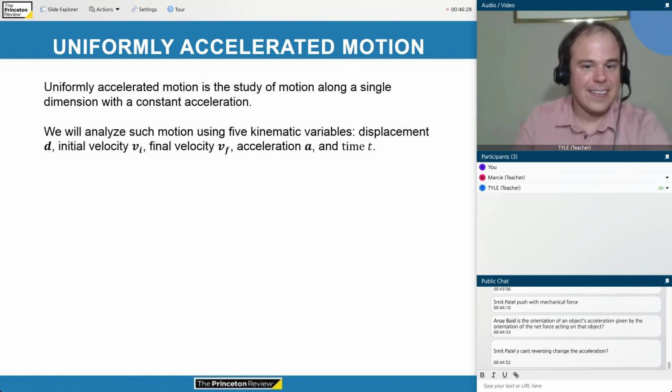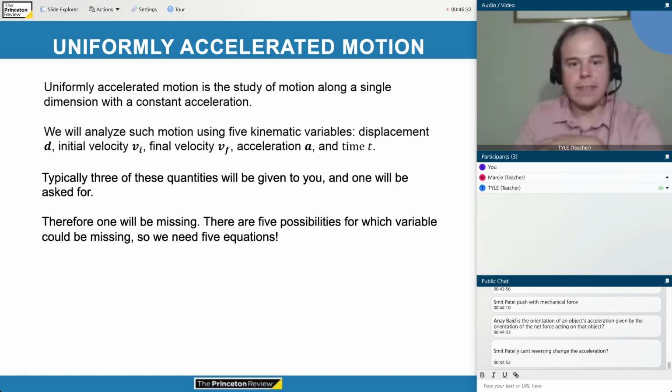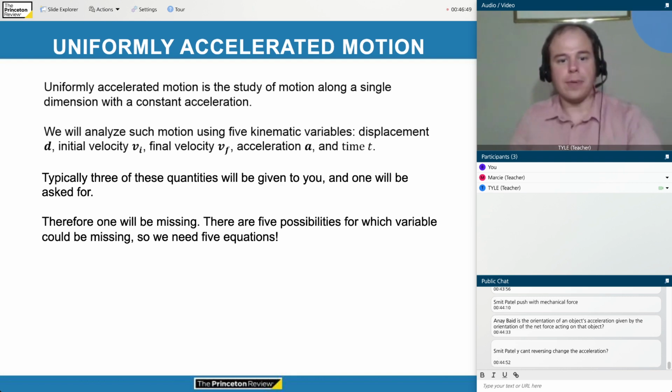Typically, 3 of them will be given to you, and the question will ask you to determine the value of one of them. So since there's 5 total, you're given 3, you're asked for 1, and 1 will be missing. There are 5 possibilities for which variable could be missing, and therefore you need 5 equations.